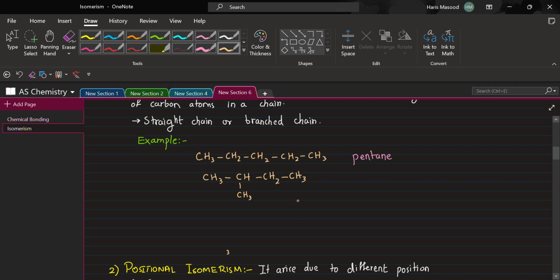What will be the name of this compound? New compound. Butane.